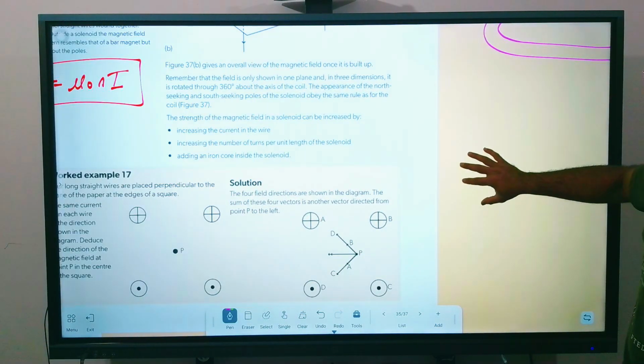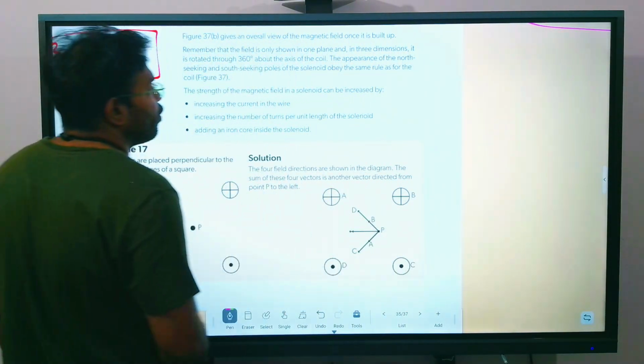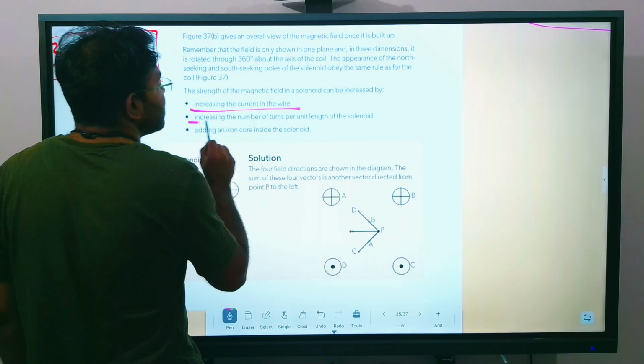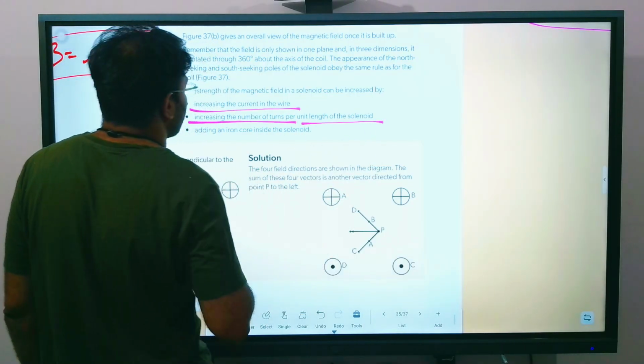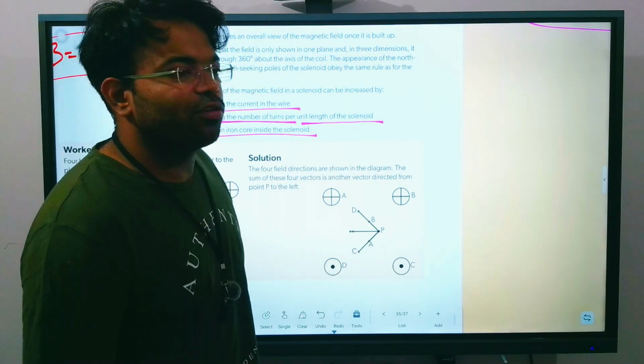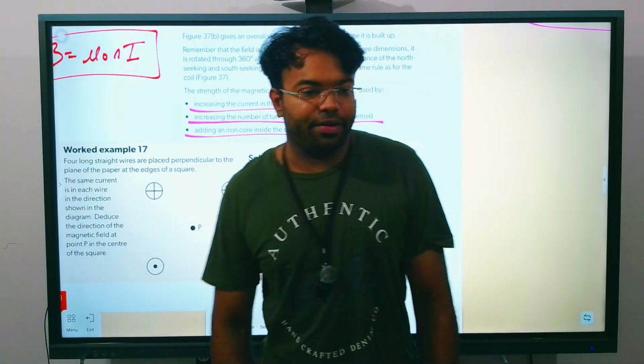The strength of the magnetic field in a solenoid can be increased by increasing the current in the wire, increasing the number of turns per unit length of the solenoid, and adding an iron core inside the solenoid. How does an iron core work? An iron core is a paramagnet.